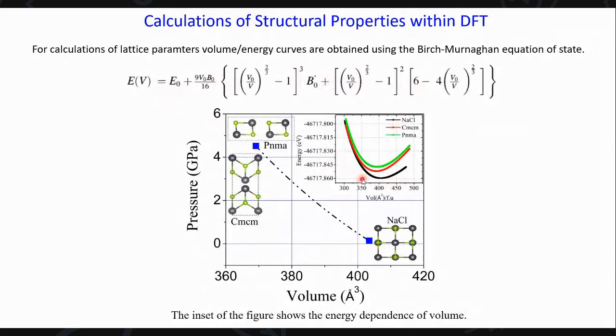And also you can get the effect of pressure, or you can calculate the pressure against the volume using this code. So when you have these curves, one can calculate the lattice constants for different types of structures using these formulas.